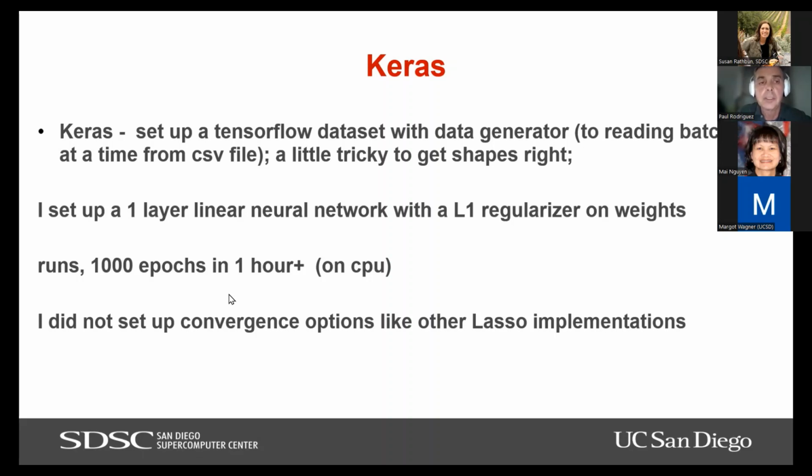What we're going to see more tomorrow with deep learning is that Keras has ways of assuming things about your shape and making it flexible, so you just have to get that set up right. I set up basically a 1-layer linear neural network with the penalty regularizer on the weights. So it kind of mimics lasso. It's not really the same as lasso because it's not giving me all the bells and whistles that you would get on a lasso.